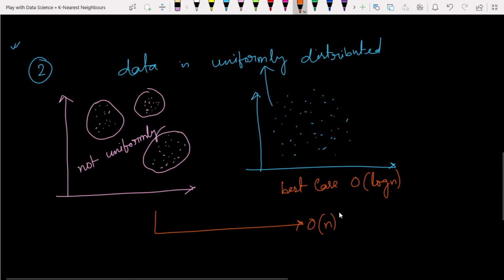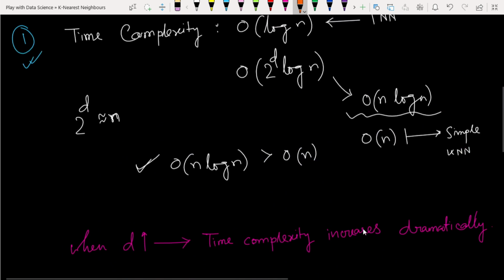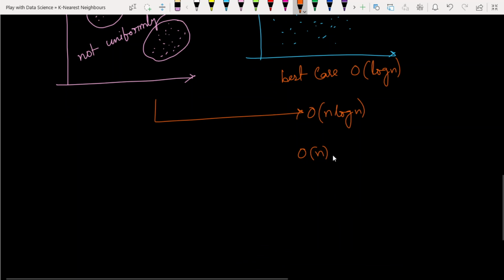So this is compared to order of log n, if our data set is not uniformly distributed. We have seen that the simple implementation of KNN takes order of n time.